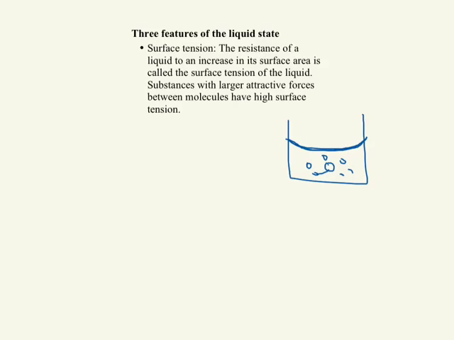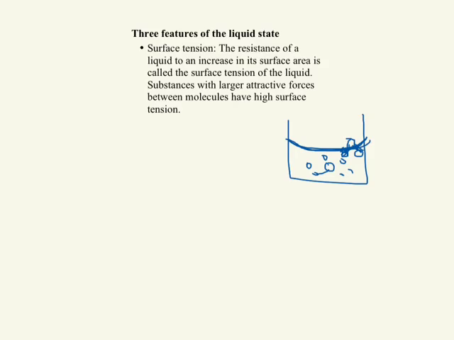But the molecule present at the surface is not experiencing forces from all sides. In fact, it's experiencing forces just from its neighbors. So the molecules inside are pulling these molecules present at the surface inwards. That's why the surface of a liquid looks like this.